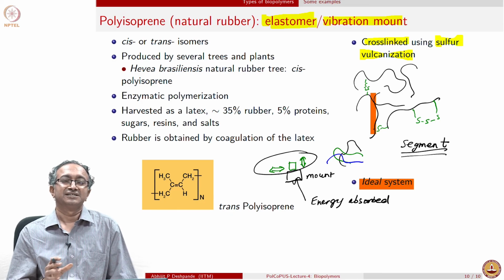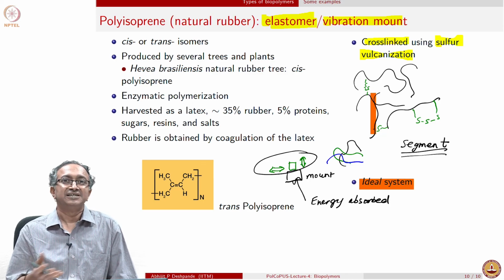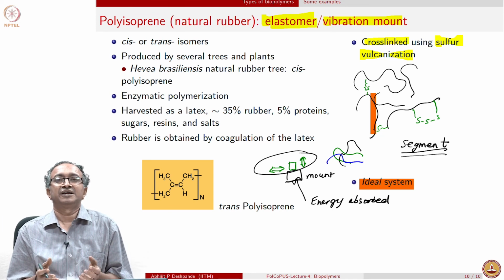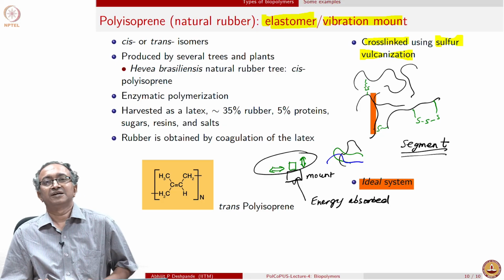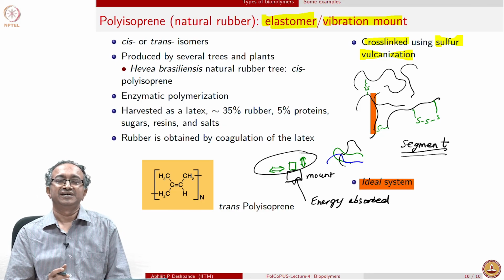So, this is an example where segments, whether they are getting stretched and recovering or changing conformations, and segmental motion basically can explain both elastomeric as well as vibration mount applications of rubber.